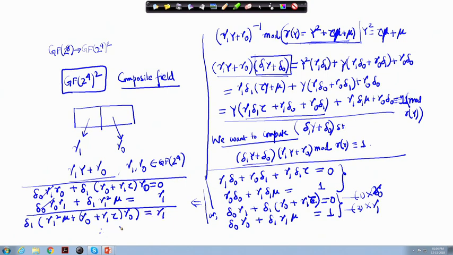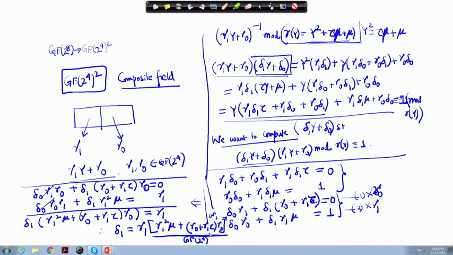So I can do a simplification where I bring this to the right hand side, and therefore delta 1 is gamma 1 multiplied with the inverse of gamma 1 square mu plus gamma 0 plus gamma 1 tau gamma 0. So I calculate an inverse, but note that this inverse is in GF 2 to the power of 4. Okay, so this inverse is done in a smaller field, which is GF 2 to the power of 4.